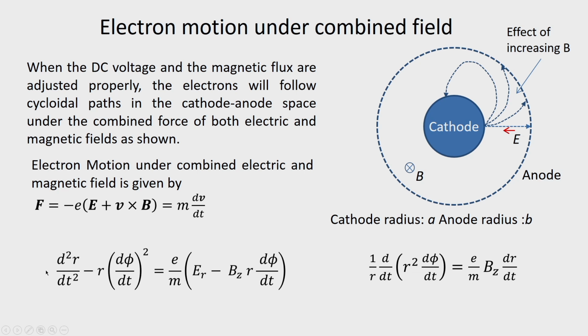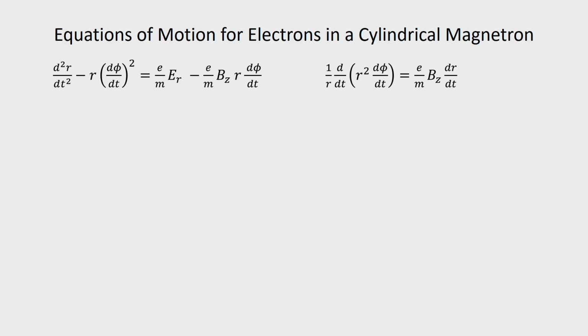So, these two equations actually come from the discussion we did earlier separately for electric field and magnetic field. Now, we need to combine these terms so as to take into account the combined force that an electron experiences. So, this is the same set of equations.